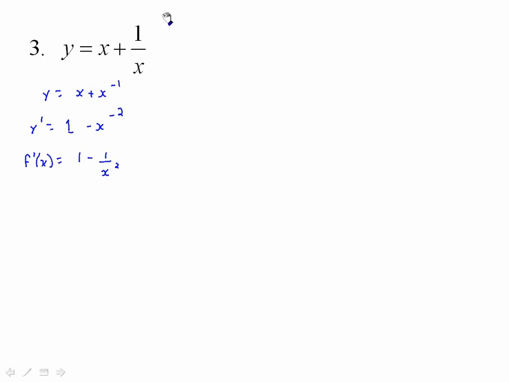Now the thing is as well, we cannot have x equal to 0. So x does not equal 0. And as we go on with this one, also should be aware that it's a bit of a problem in terms of interval analysis. If you think back to Unit 1, it might occur to you that the best approach would be to get an LCD.